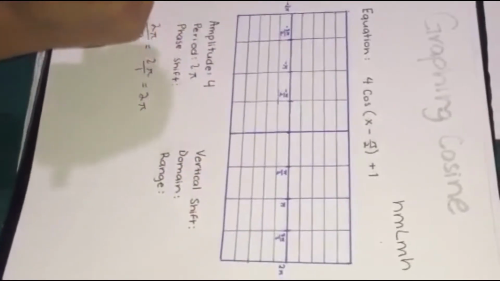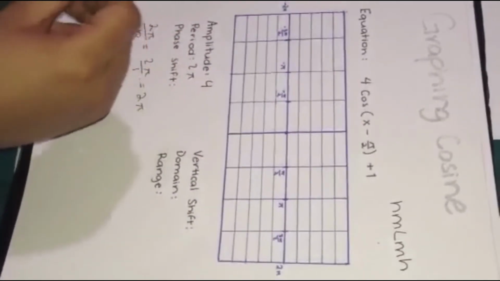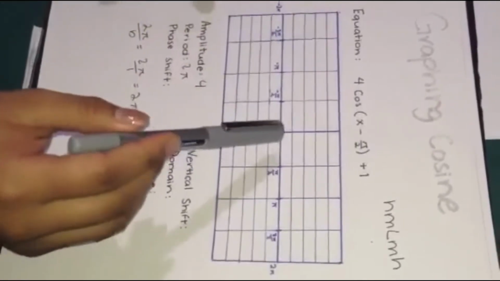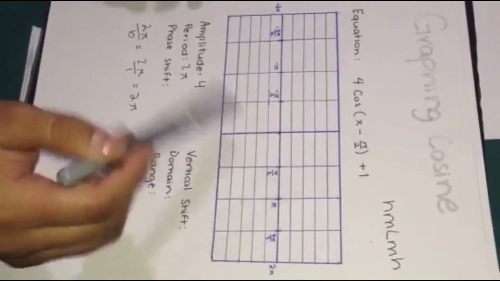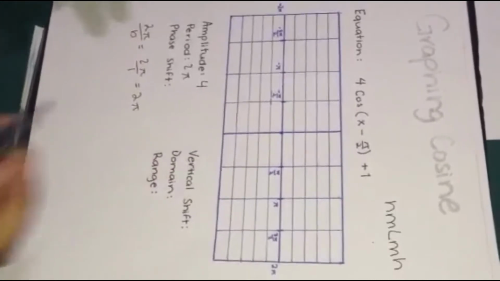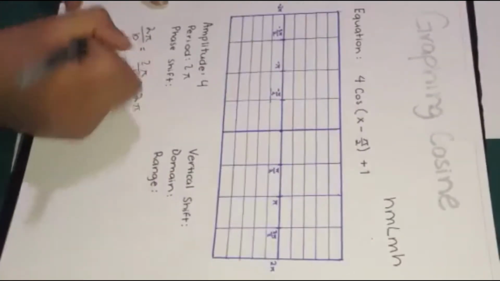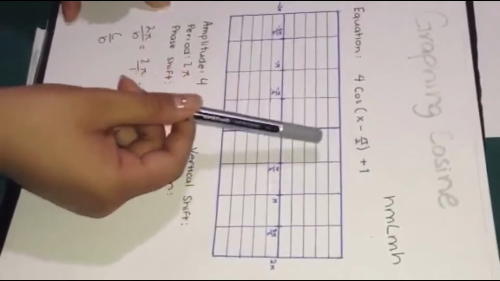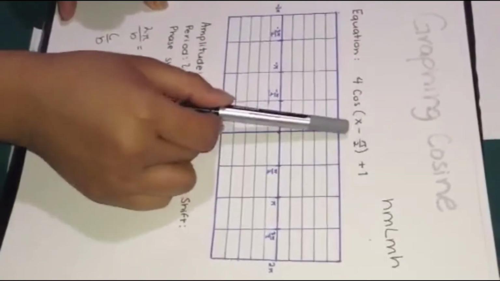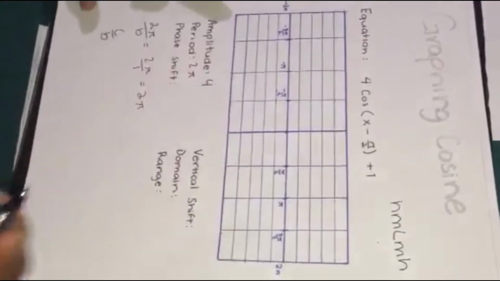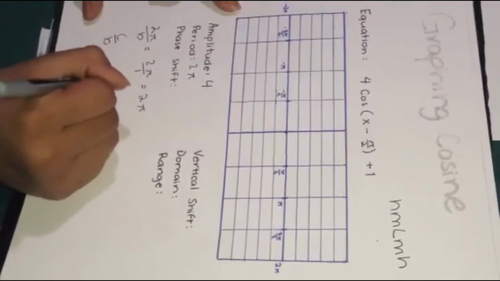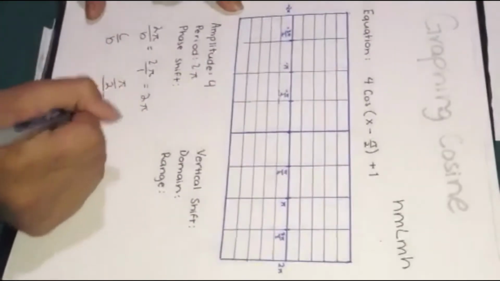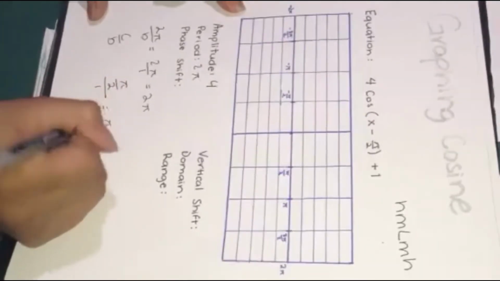Our phase shift will be where the cycle starts. So we get it by using c over b, and c is pi over 2. And make sure you use the opposite sign in the equation. So it will be pi over 2 over 1, which is pi over 2.